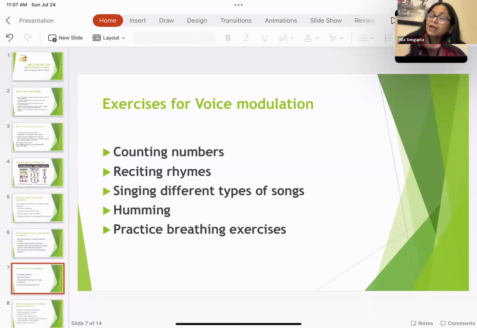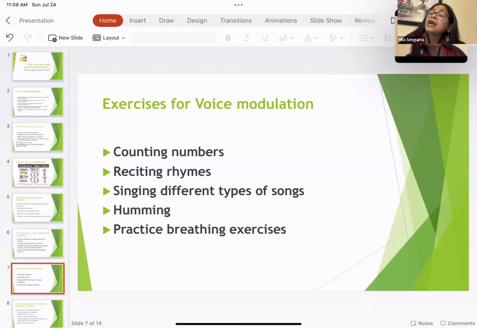Reciting rhymes. Talk about antonyms and synonyms, which means things that are similar, things that are opposite. So all these kinds of exercises every day, which you already do in some ways in your classroom, help the children to learn modulation.